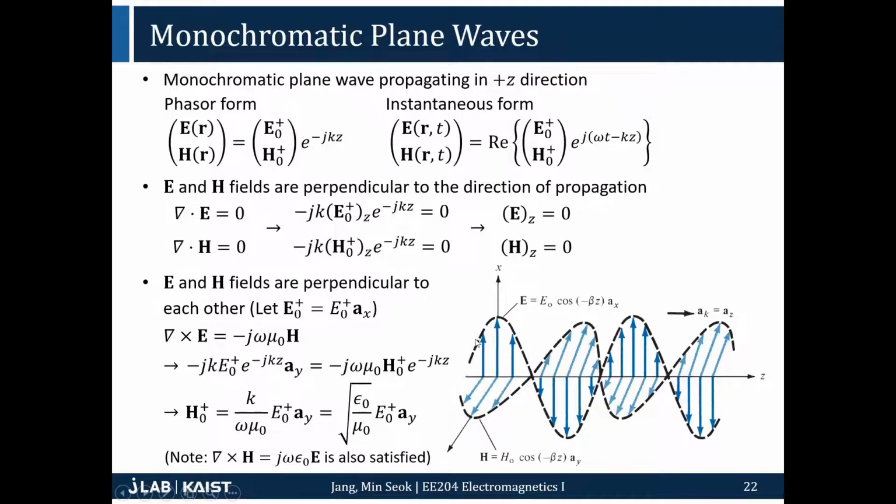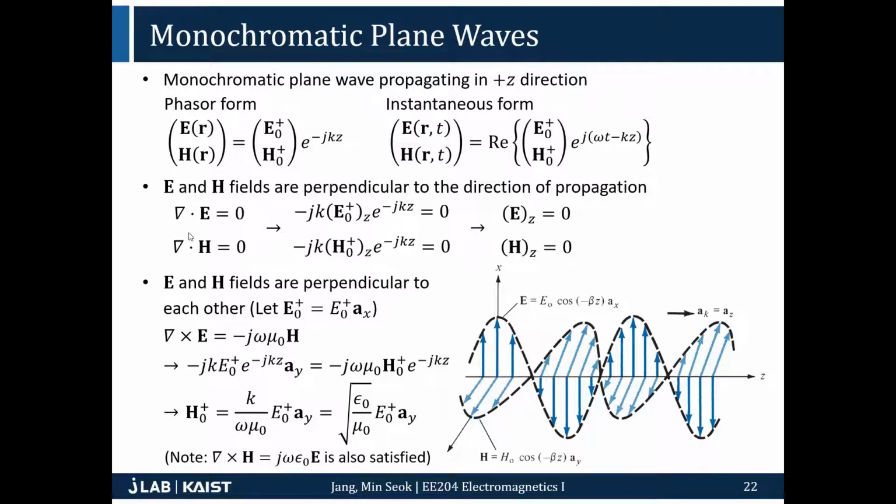They are oscillating as a function of time and space. And the amplitudes of the E field and the H field differ by this amount, the square root of epsilon 0 divided by mu 0, and this is called the wave impedance.